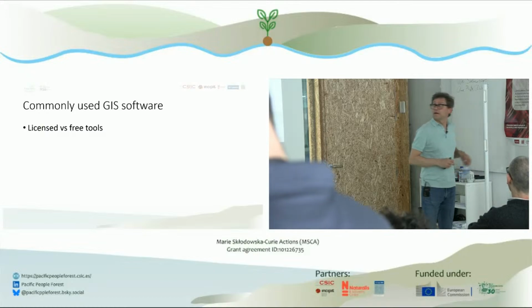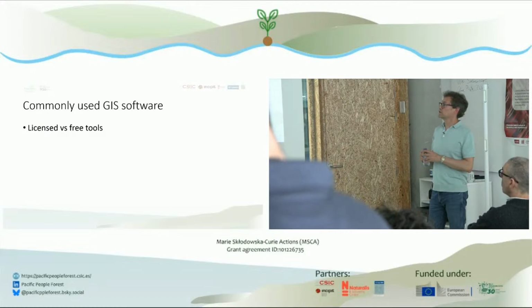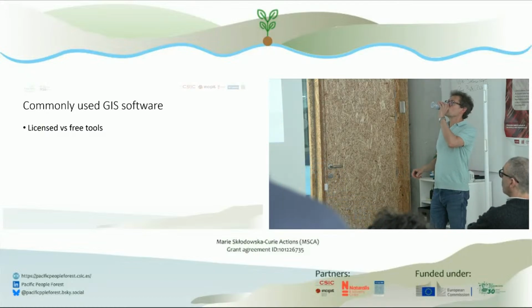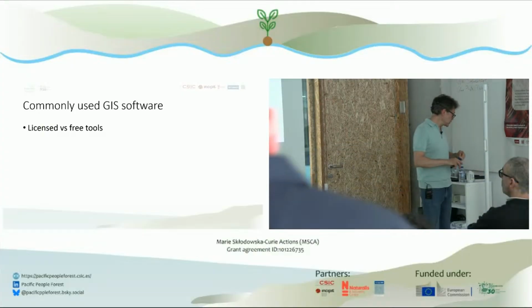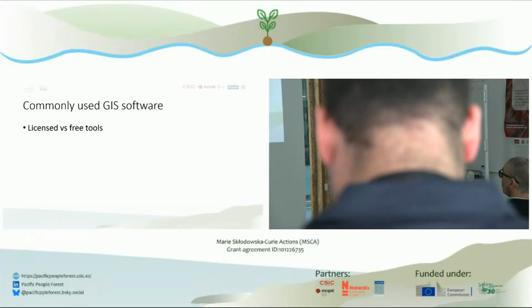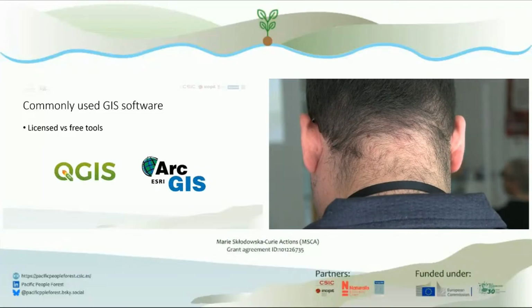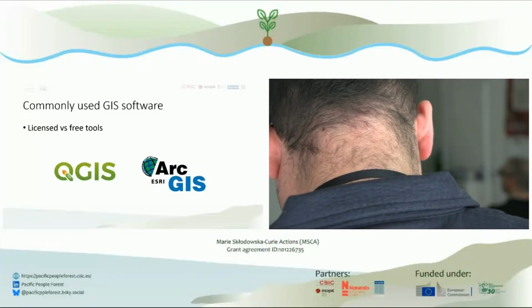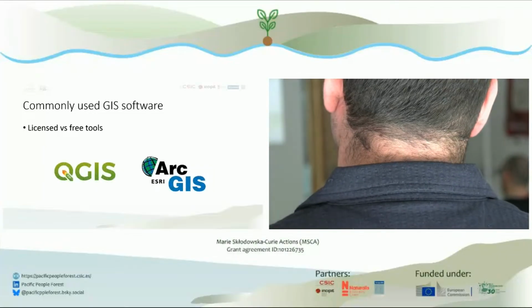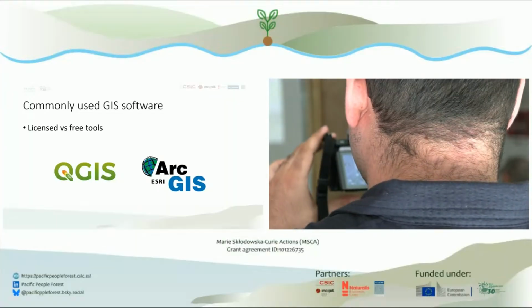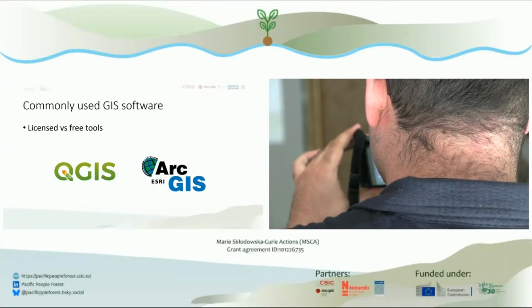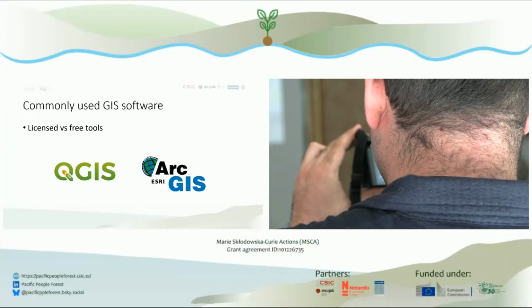So GIS systems come in different versions. There you have basically licensed tools like ArcGIS, which is the most common commercial GIS system. It was the one that opened the way for the widespread use of GIS like 30 years ago or something like that.